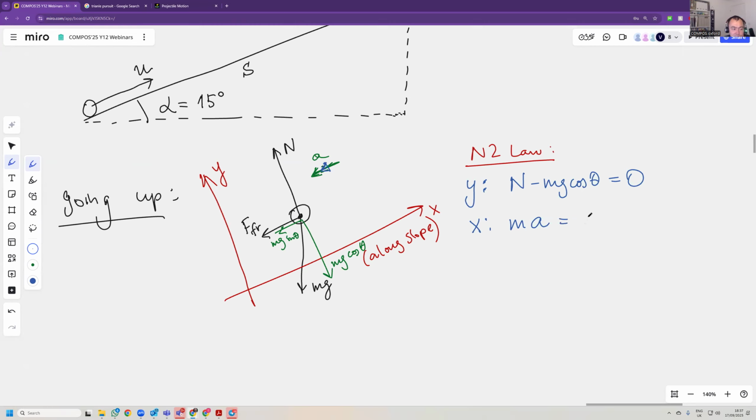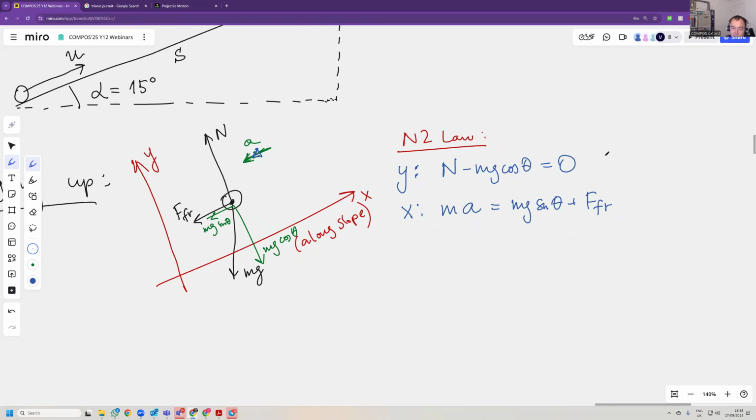So mass times acceleration is equal to mg sine theta plus force of friction. But we know that the friction force is mu n. So we can write ma equals mg sine theta plus mu n. And from here, we can see that n is mg cos theta.